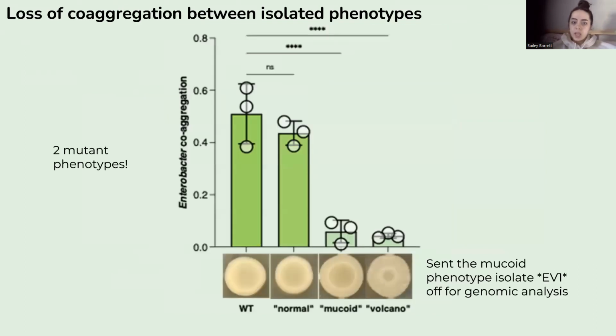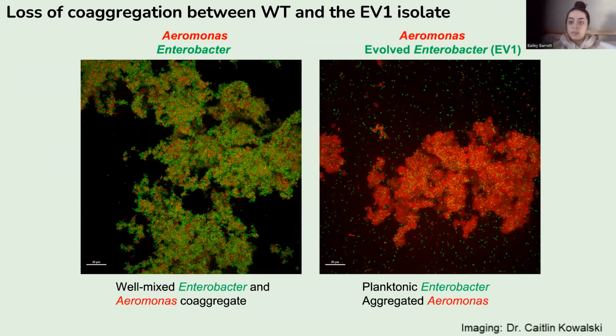And here's some more data showing how there is a marked decrease in co-aggregation with these phenotypes. This is what it looks like under fluorescent imaging. I think this is really awesome because it drives home that the Enterobacter are really not a part of this co-aggregate any longer. This is such a huge difference.